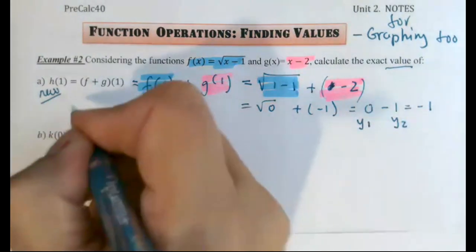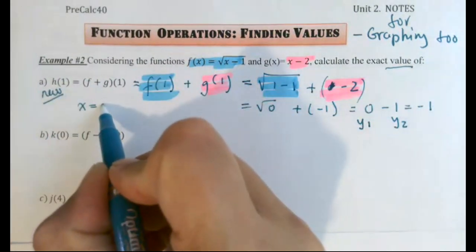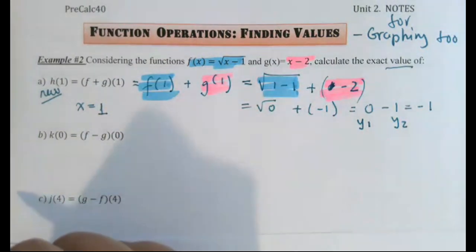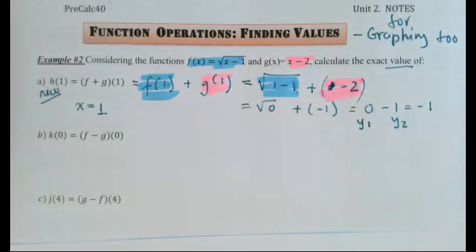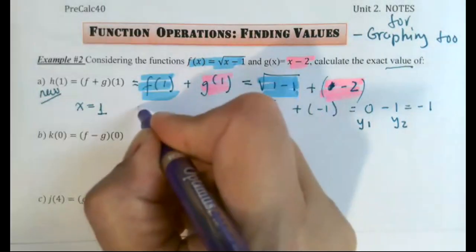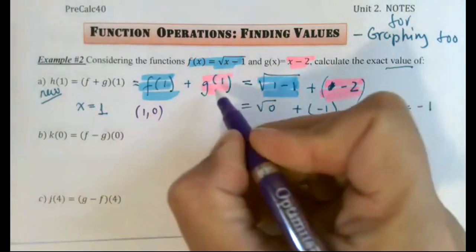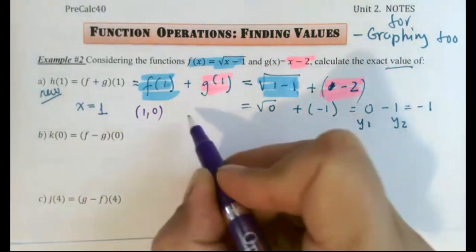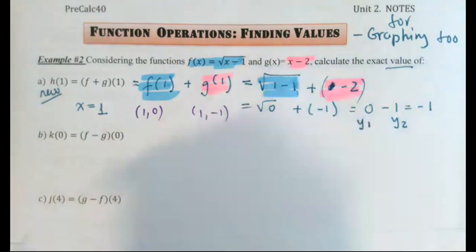What's the x for this function and for the new function h? x equals 1. So you basically would have points for function f: the point 1, 0. And for function g, you would have a point 1, negative 1.